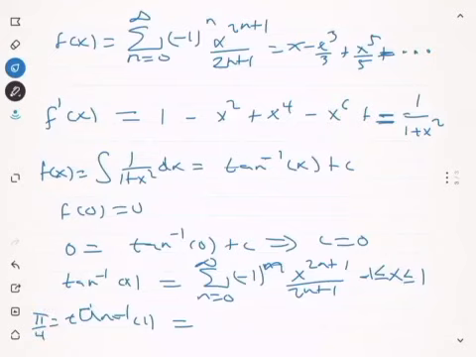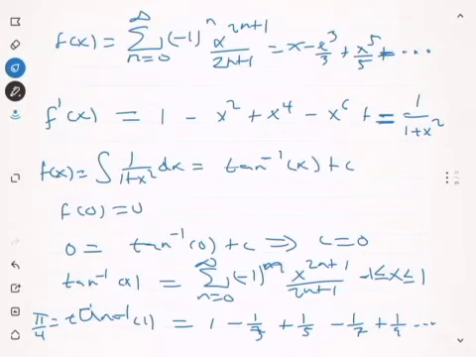And then on the other side, when n equals 0, you get 1, and then after that you're going to get minus 1 over 3, plus 1 over 5, minus 1 over 7, plus 1 over 9, minus blah blah blah. And guess what?